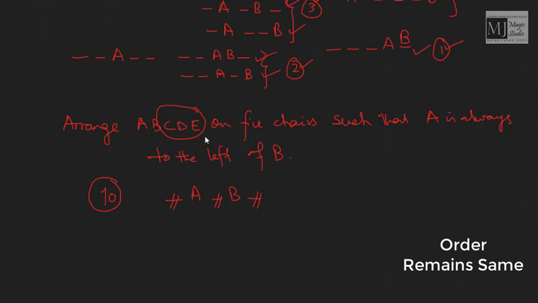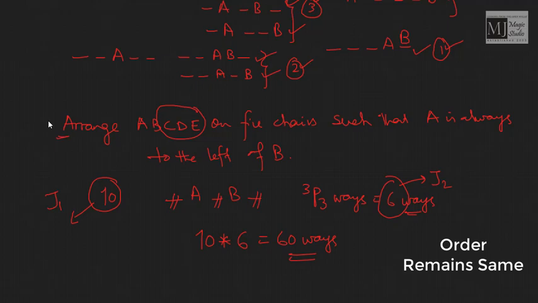In how many ways? 3P3, that is 6 ways. So we have 2 jobs: job 1 can be done in 10 ways, and job 2 in 6 ways. Then the total job can be done in 60 ways. So in 60 ways we can arrange 5 people on 5 chairs such that A is always to the left of B.